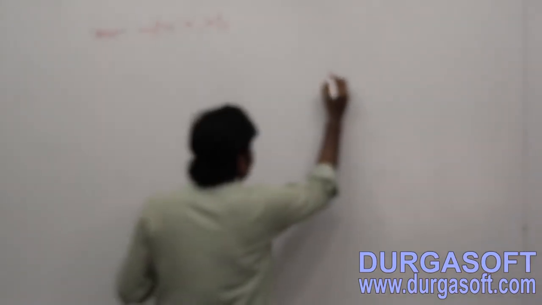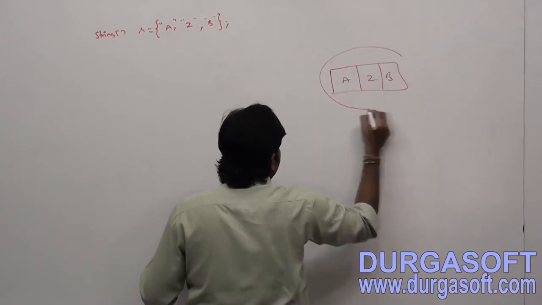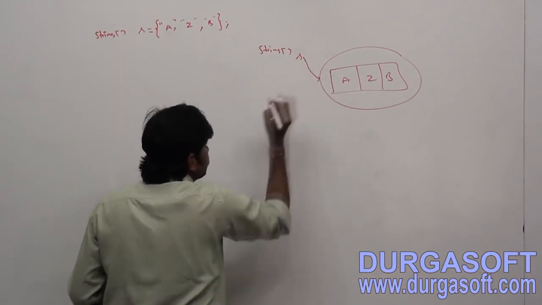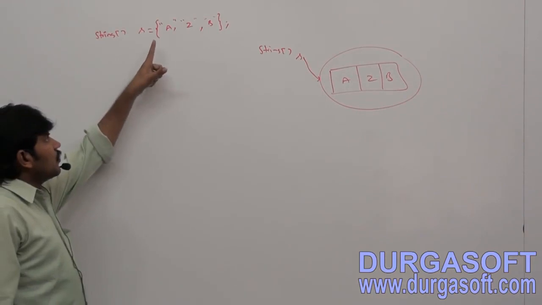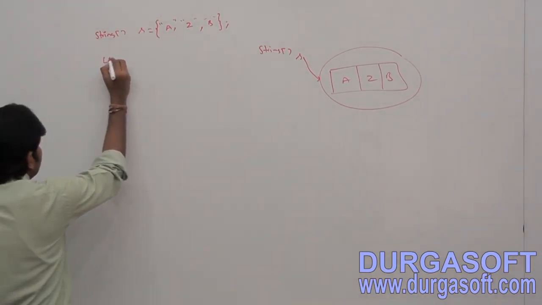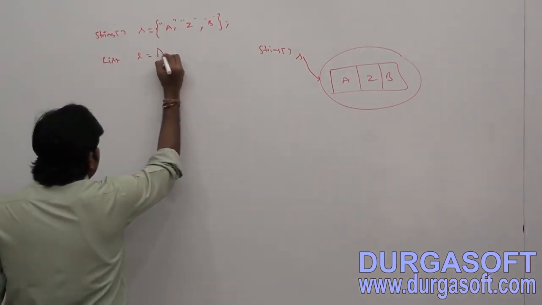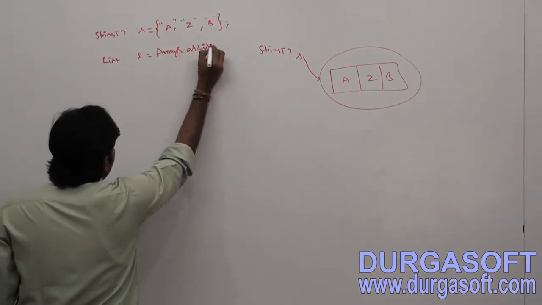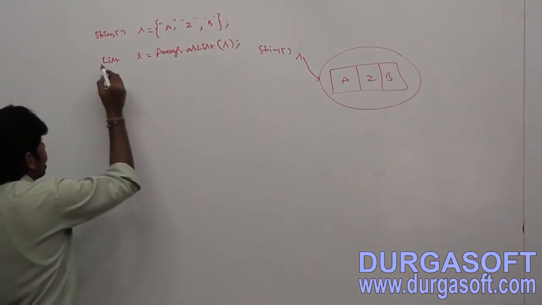Now I have one array, a z b. The reference variable for that is a String array. I want to convert this array to a list, so what is the method? List l is equal to Arrays.asList(s).